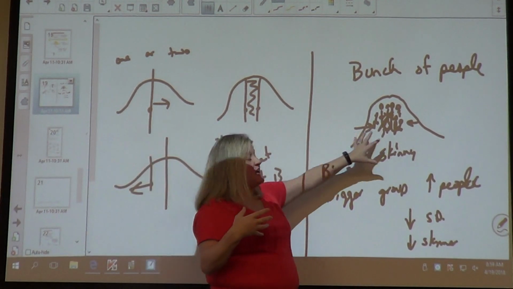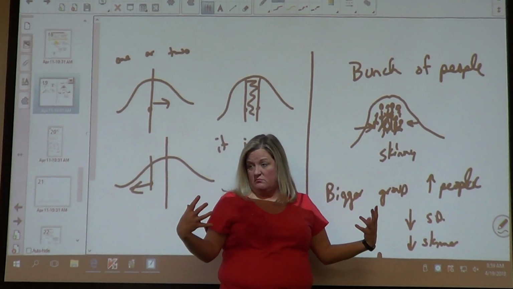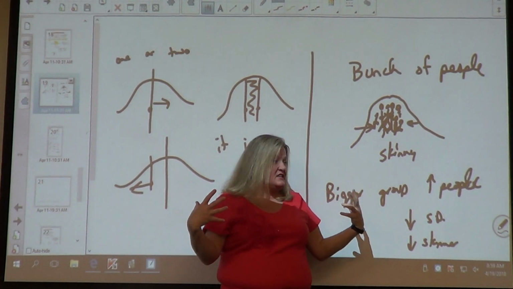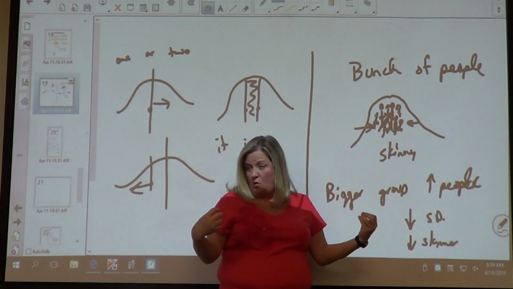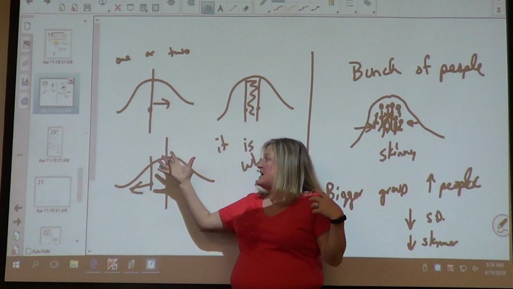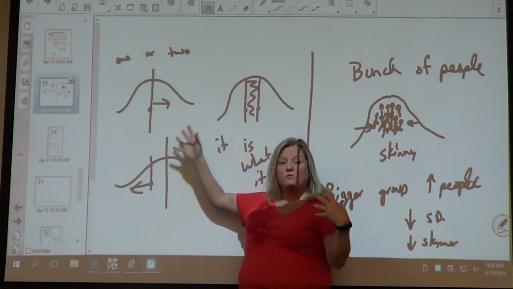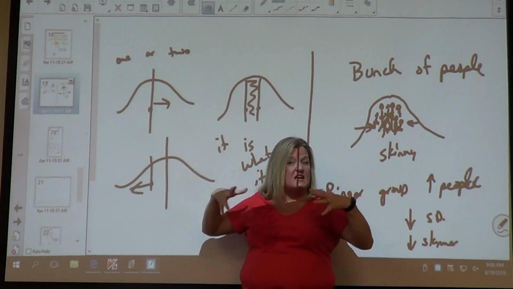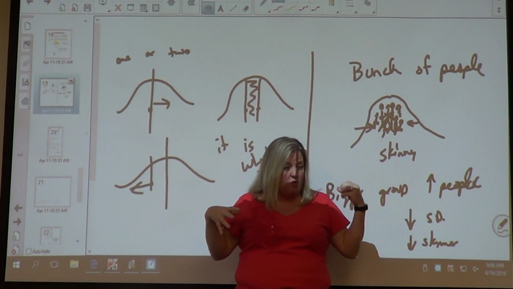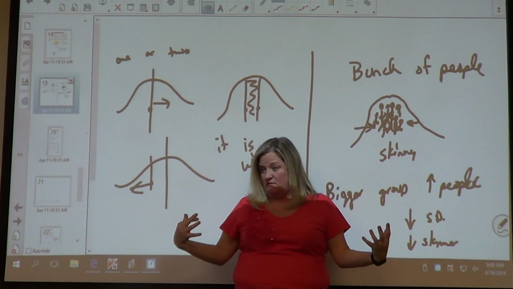Now, if you take a picture of a bunch of people, like at Easter time or at Christmas, if there's only 1 or 2 or 3 people in the picture, it is what it is. If you're fat, if you're short, if you're tall, you can't hide.